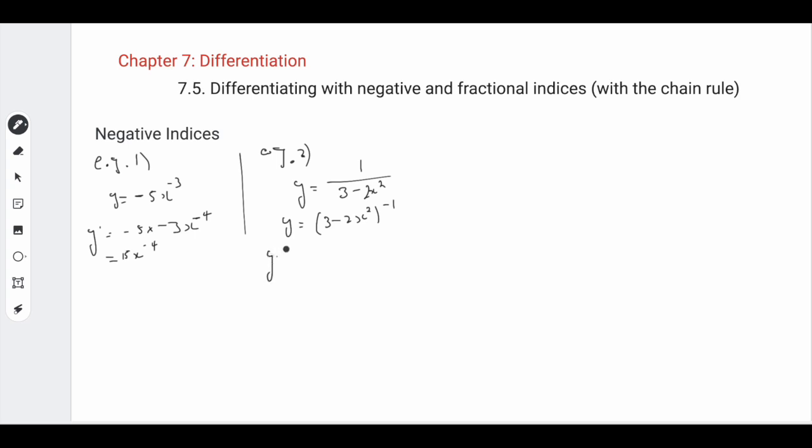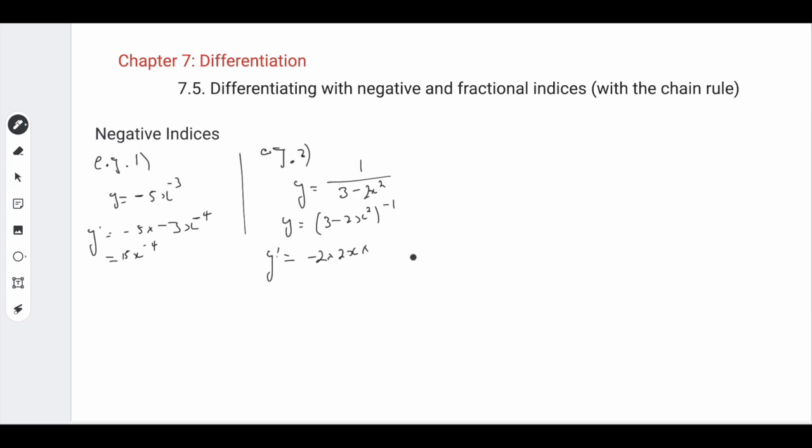So if I did that, y prime equals, we differentiate what's inside the brackets. So 3 becomes 0. Minus 2x squared, that's minus 2 times, we bring the 2 to the front, so times 2, and then we drop it by 1, so 2x. So that's the derivative of what's inside the bracket, and we times that by the derivative of this whole thing. Remember, we imagine this as u to the power of minus 1, right?